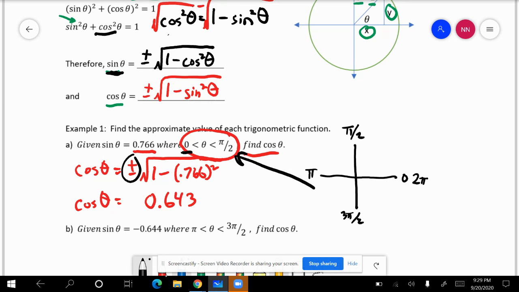This is in between 0 and pi halves, which would be the first quadrant. And if you remember from last time, we have the saying, all students take calculus. The all means that all the trig ratios are positive, so that means cosine is positive, and that is our answer.